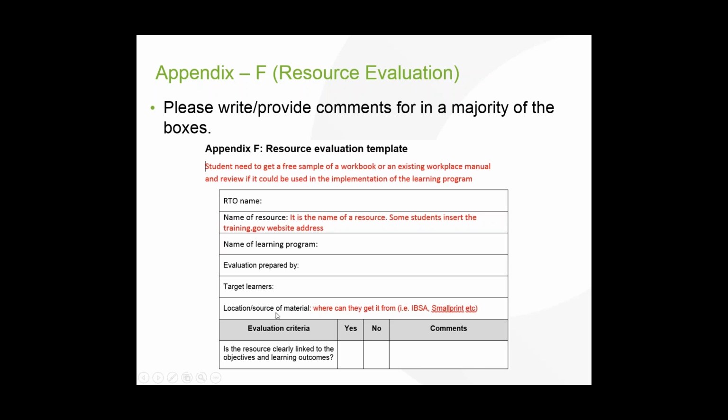The location or source of material would go here: IPSA, small print, or SlideShare, or Google, whatever that address is. But here, write video, activity, case study, slideshow. So for resource evaluation, write comments for the majority of evaluation criteria, write the name of the resource, and write the location or source of the material.